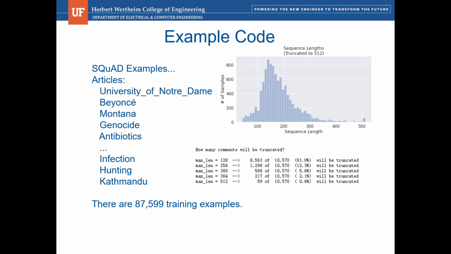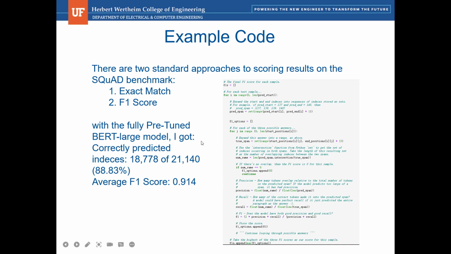So for each test sample, the highest possible score is 2. Then we use the answer question function built by the transformer library to feed the model. There are two standard approaches to score the result on the SQuAD benchmark: the exact match and the F1 score.